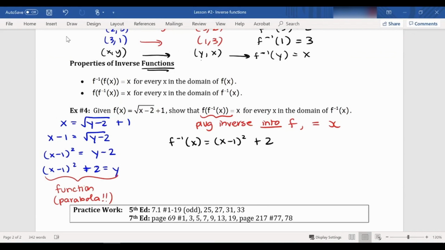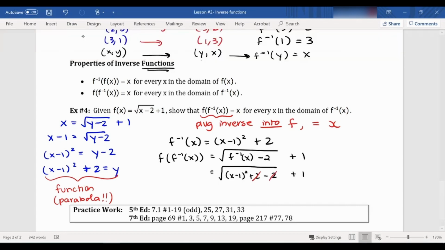So we are being asked to find f of the inverse. If I want to find f of inverse, my f of x is root x minus 2 plus 1. Instead of x, I have the inverse. So what I need to do is plug that inverse function I found into my f. So this is going to be root of x minus 1 squared plus 2, minus 2, plus 1.